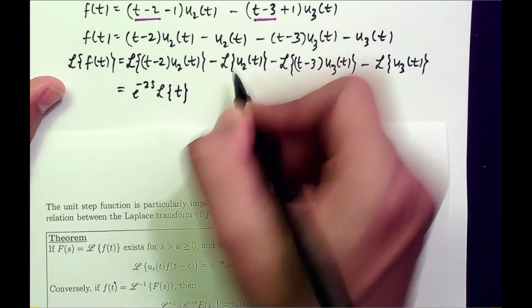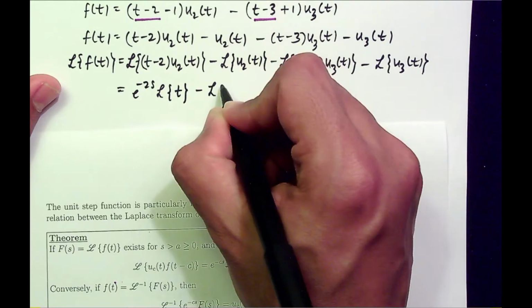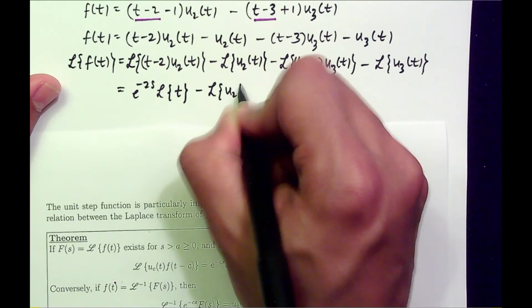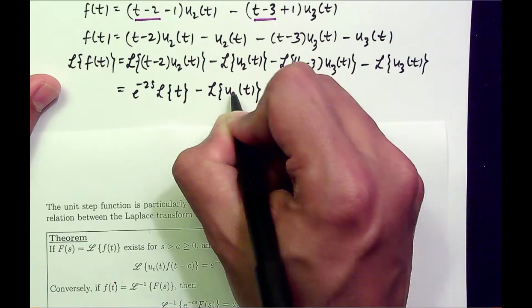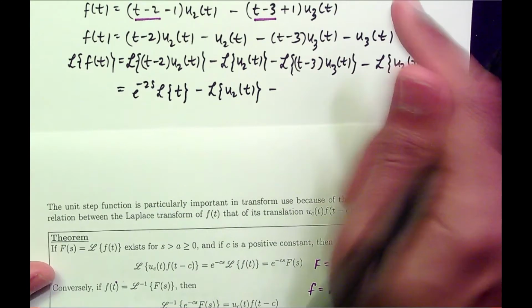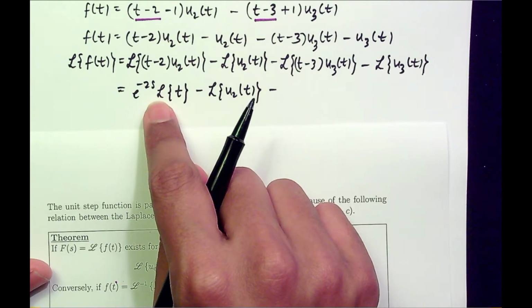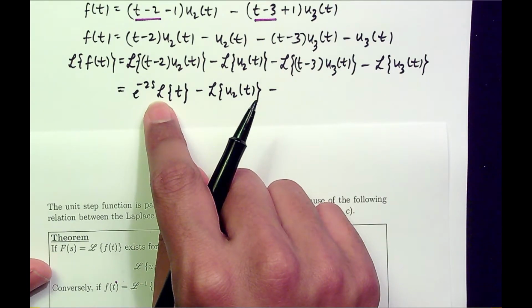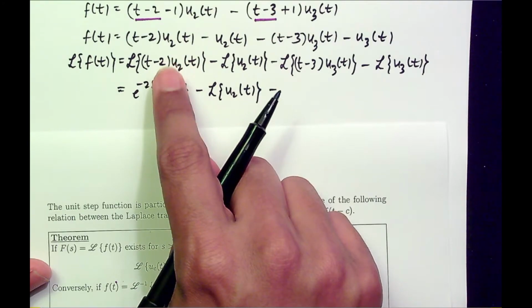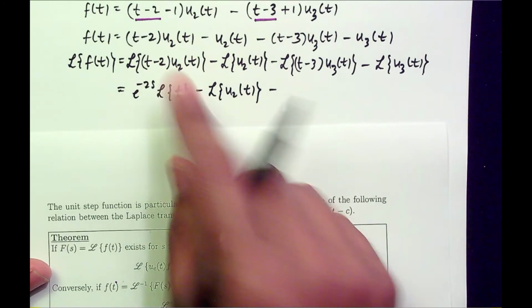Okay, then this one we'll do in a minute. I'm just going to copy that one. Okay, and here we have another translation just like this one. The only difference is that it is a 3. Otherwise, it's exactly the same function that is being translated.